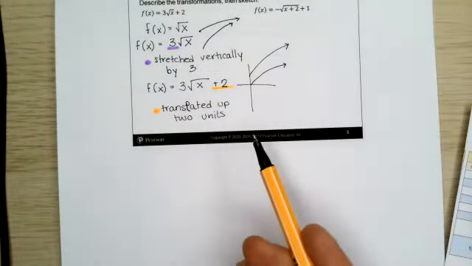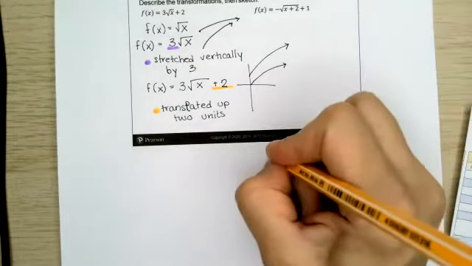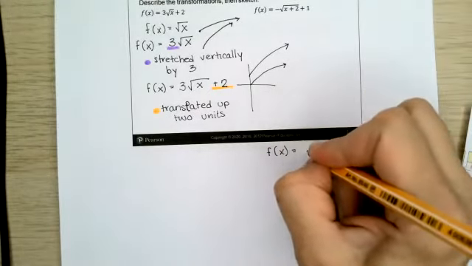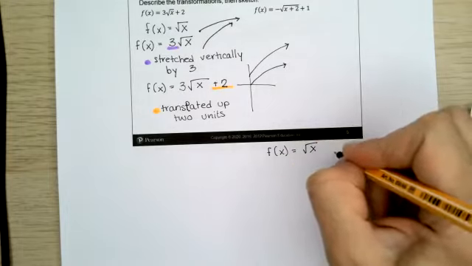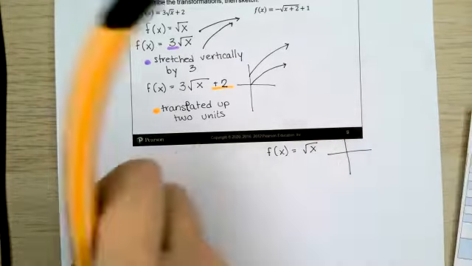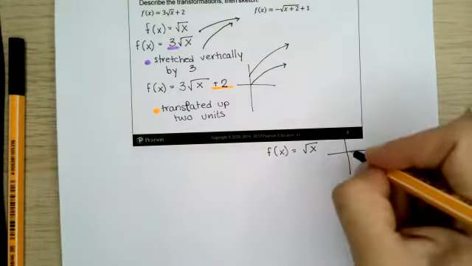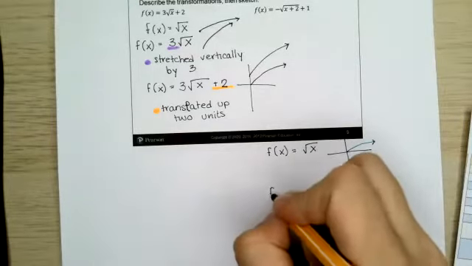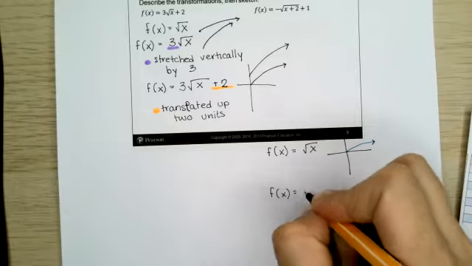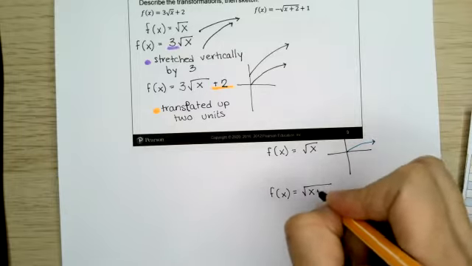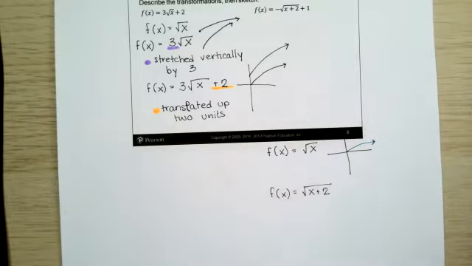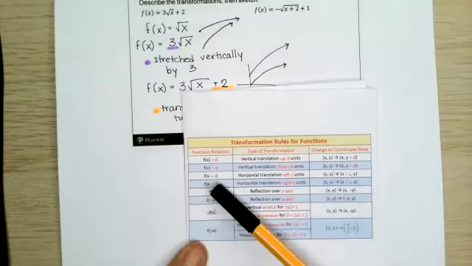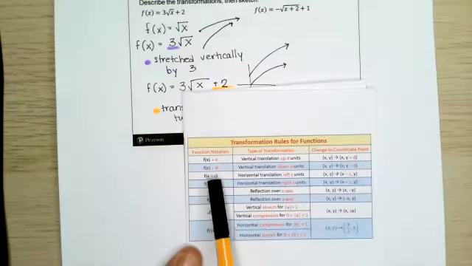So we have, again, f of x equals the square root of x. We know what that looks like. We know it looks like this. Good. Then we're going to add 2 to it. F of x equals the square root of x plus 2. If the plus 2 is inside the grouping symbols, right, it means it's this one.